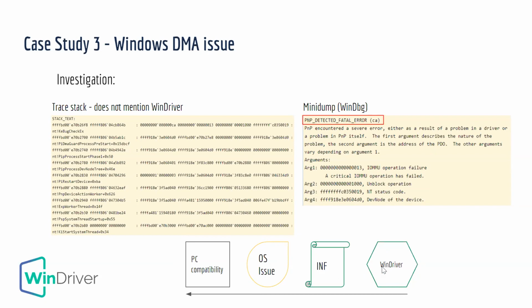Maybe the DMA mechanism is not working properly. So we asked for the WinDbg log and saw the stack trace, okay? And we see it's not saying a lot, but we can't see WinDriver here. We can't see the name WinDriver or a WinDriver function that ran before the crash.